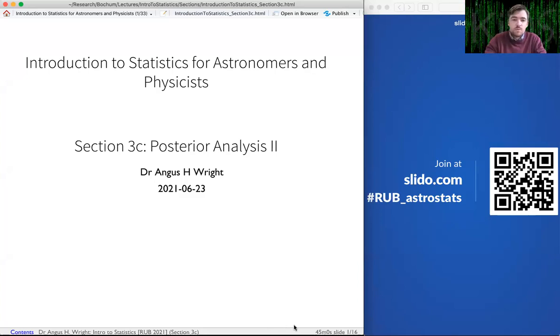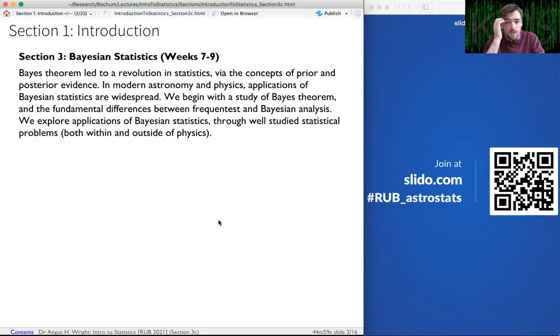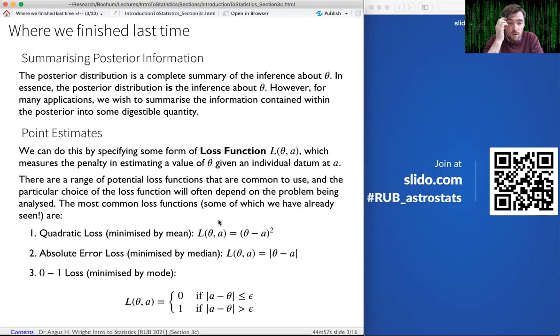So what we finished with last week was a discussion of how you go about summarizing posterior information. We said that if we have some posterior distribution, some posterior function that we want to use to make some inference about a parameter theta, then in many regards, the posterior itself is the entire description, the entire inference about theta.